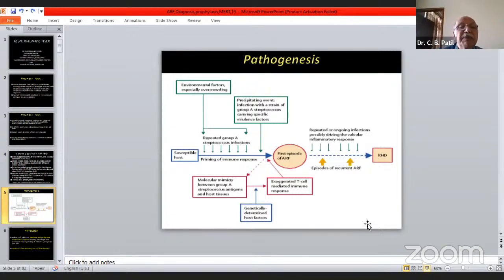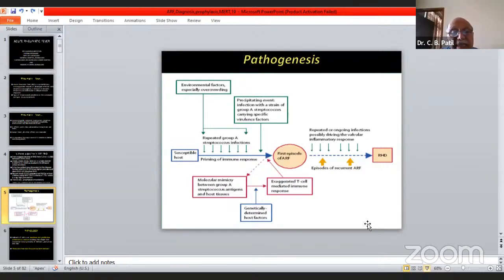So, in a susceptible host with low socioeconomic status, environmental factors, poor nutritional status, overcrowding, and malnutrition, repeated group A streptococcal infections can occur. Who is a susceptible host?